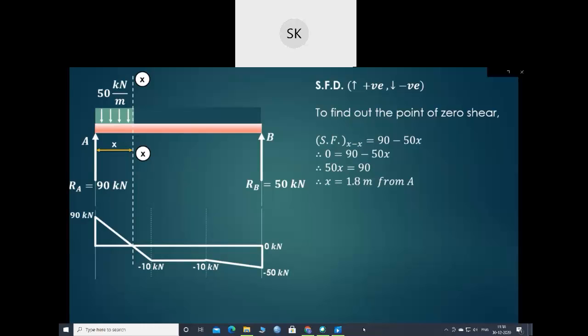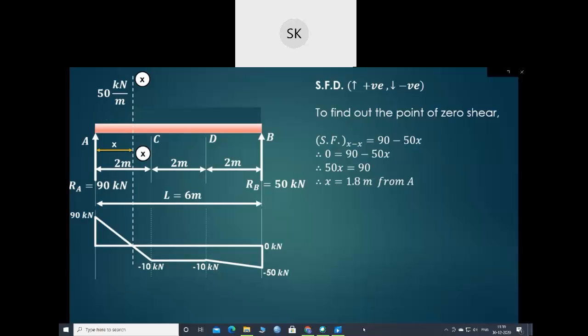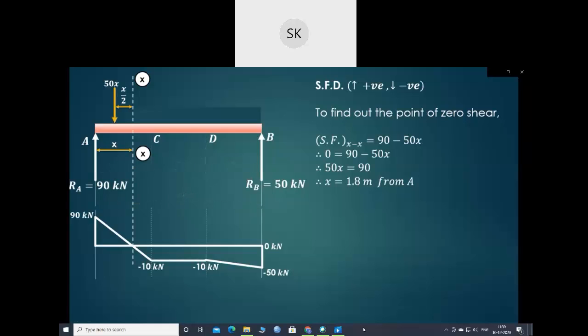Now at this particular point of zero shear, the bending moment will be maximum, so our next job will be to find out the value of maximum bending moment. So we'll convert that particular UDL into a point load acting at the center of this x, that is x by 2. So 50 into x is the UDL, acting at the center of x, that is x by 2. And now we have to find out the moments about this particular section x-x.